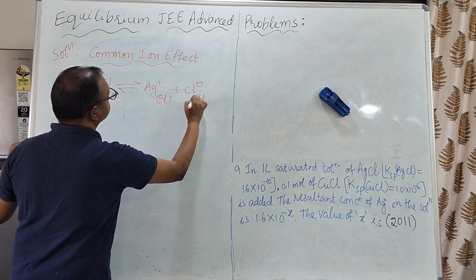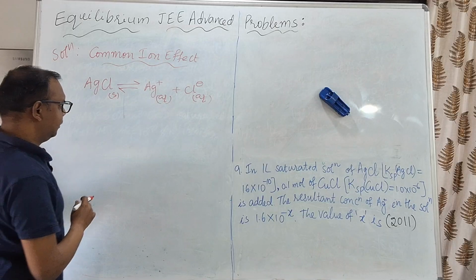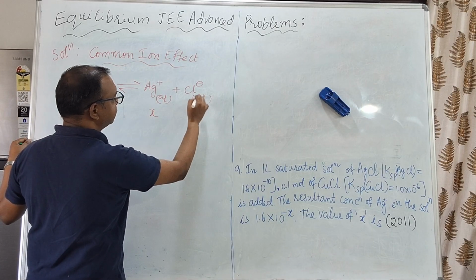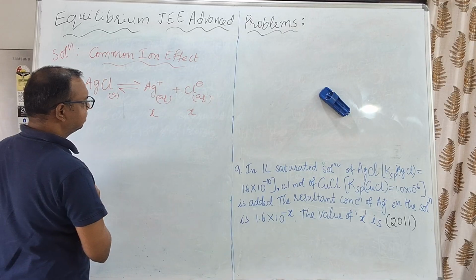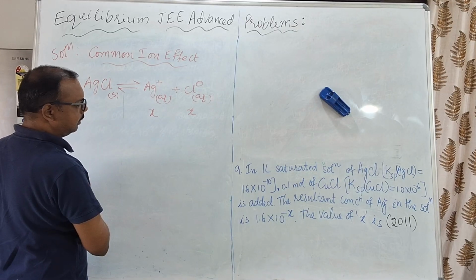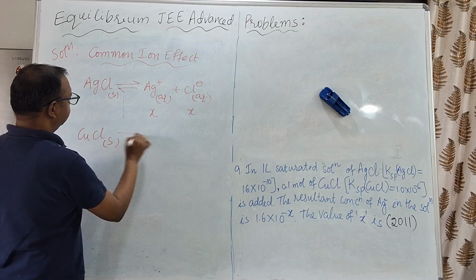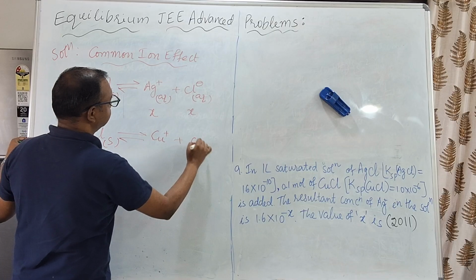Say x moles of Ag plus and x moles of Cl minus are obtained. Next, if you consider CuCl, CuCl gives rise to Cu plus and Cl minus.